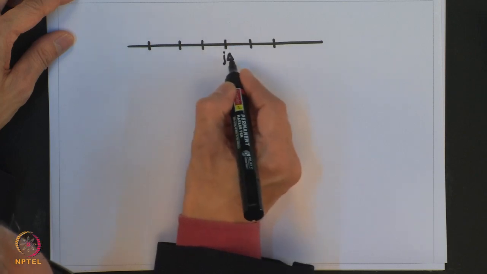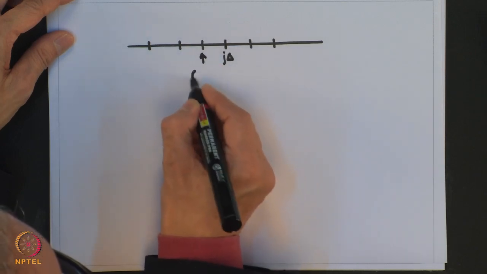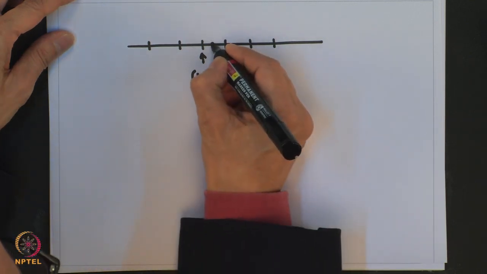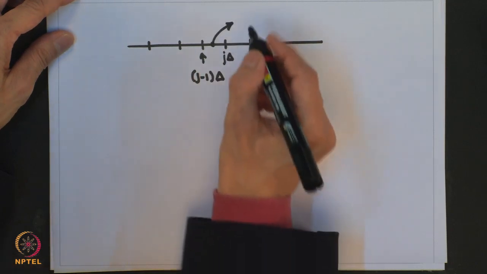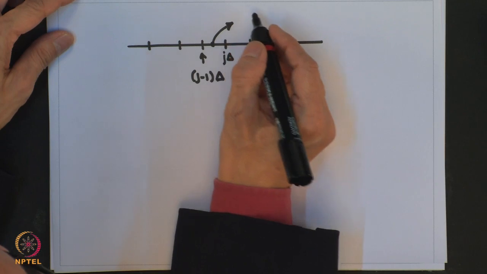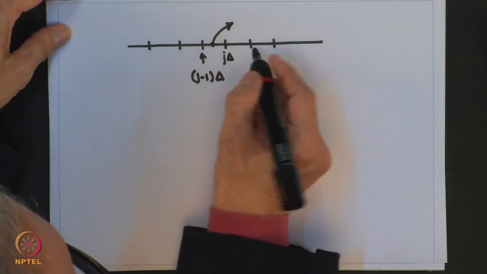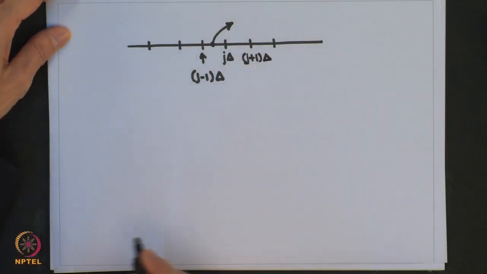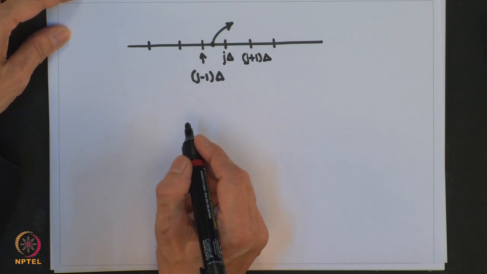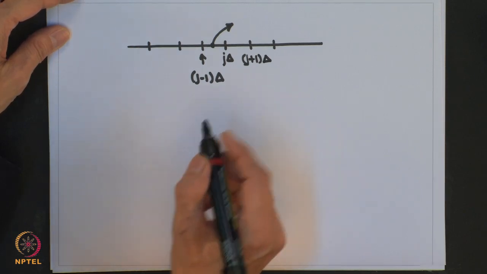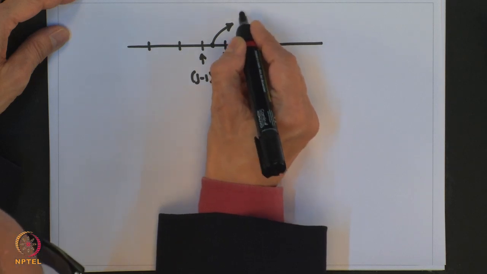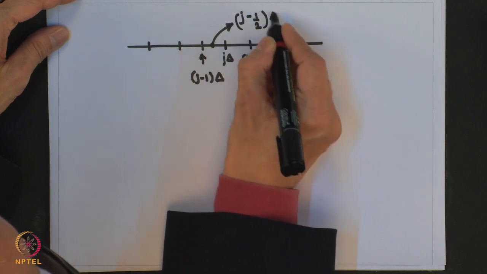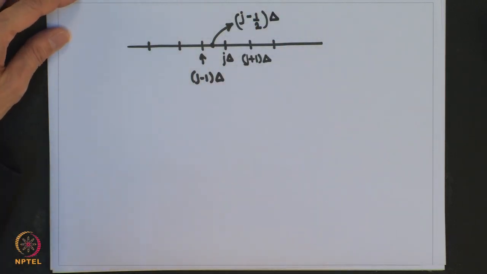If I call this boundary point j delta, then this would be j minus 1 delta, and in this case the reconstruction value would be j minus half delta.